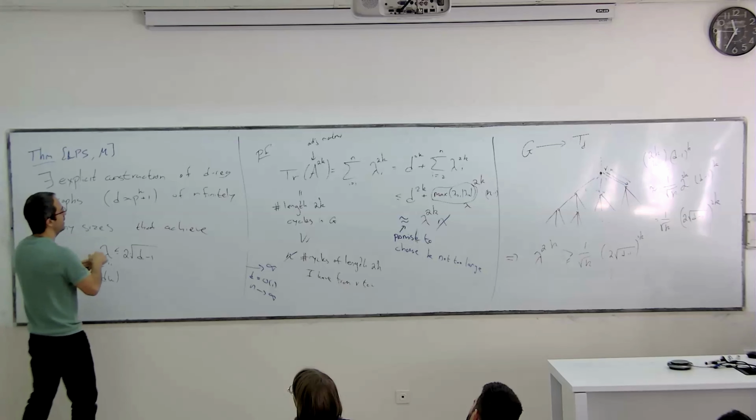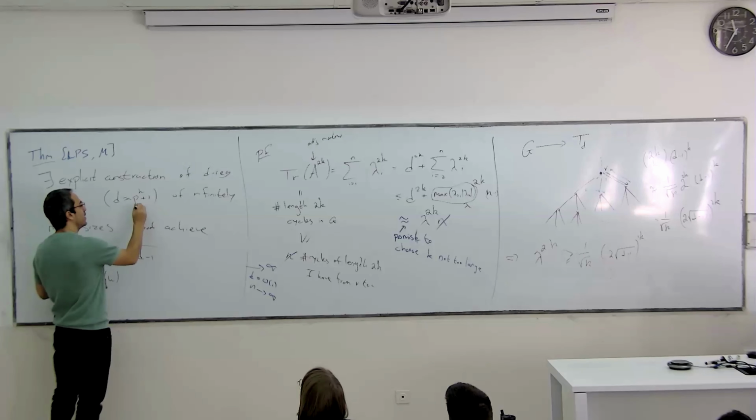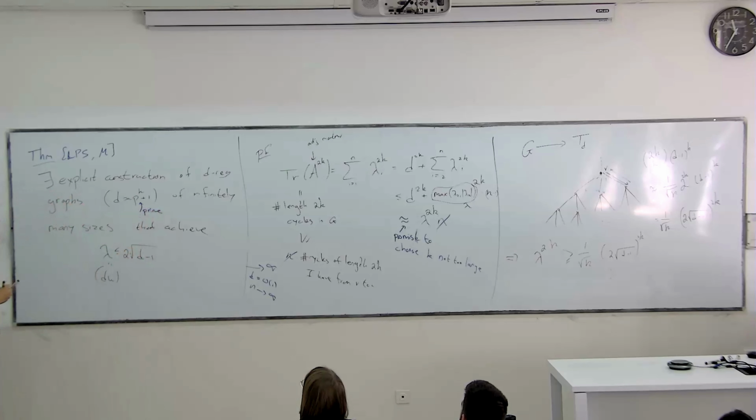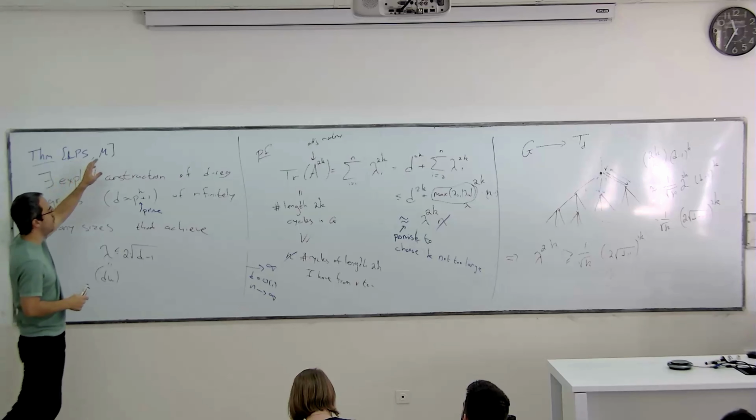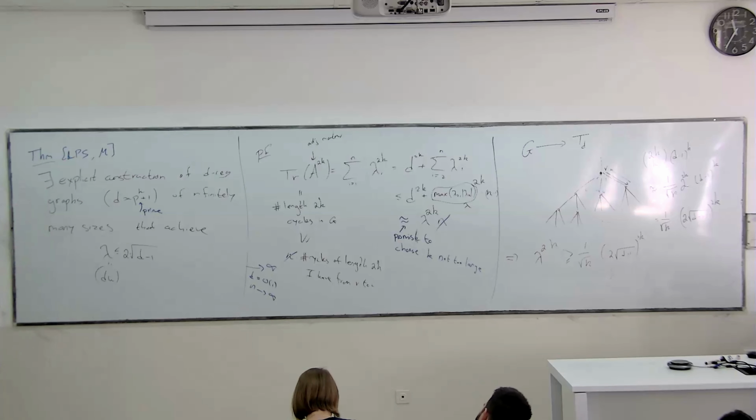So d, what I'm saying is that d couldn't be any number. It should have been a prime power. I think it was a prime here and a prime power afterwards. But you know, that's like amazing.